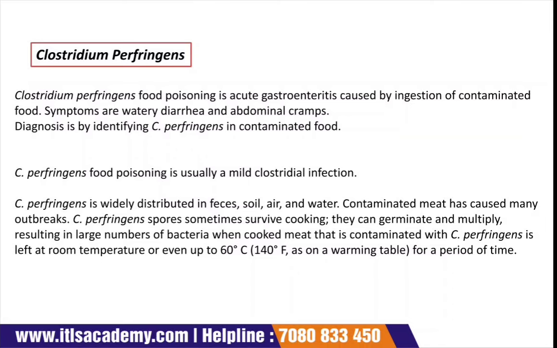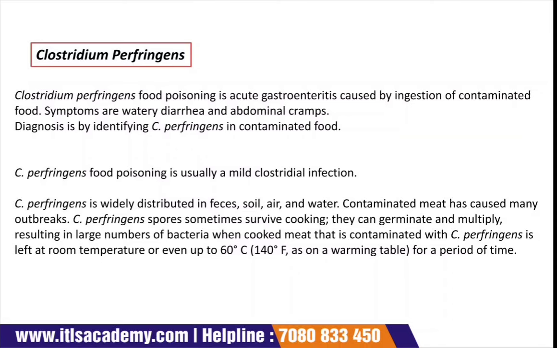This Clostridium perfringens also has the capability of making spores sometimes when you are severely cooking it, so they can germinate at that time and multiply, resulting in a large number of bacteria. And when cooked meat contaminated with Clostridium perfringens is left at room temperature, it will lead to infection.